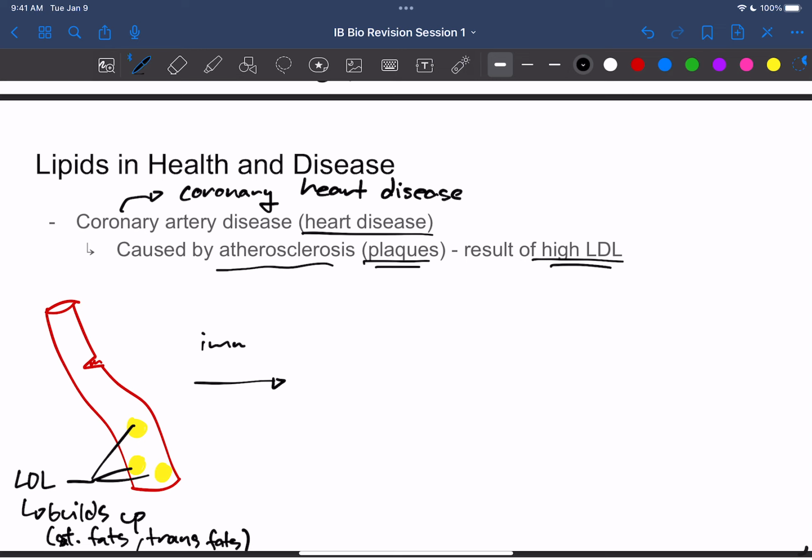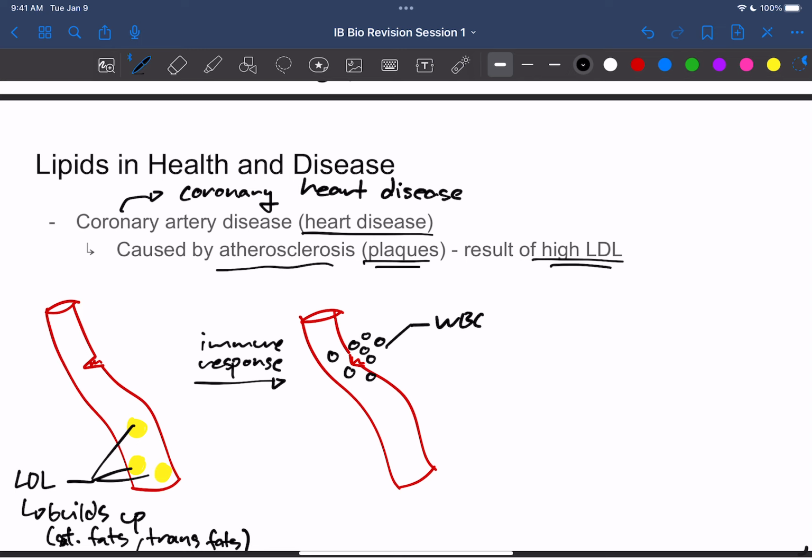So these are when the good guys come in. Well, when the good guys come in, they're out here fixing this little cut. And these are going to be white blood cells or macrophages.